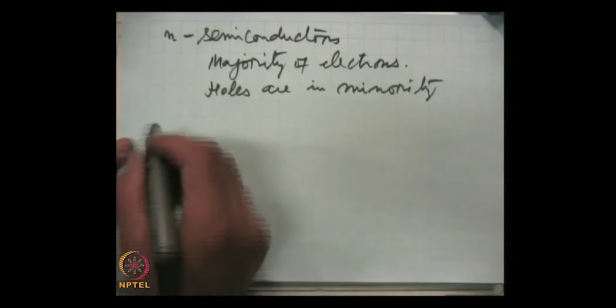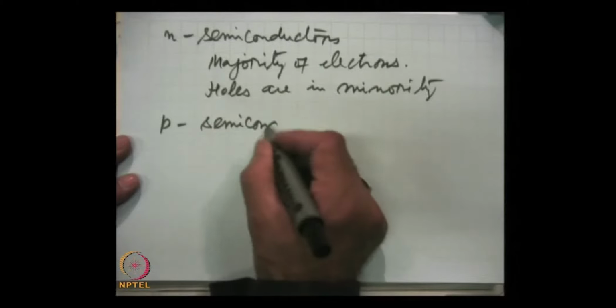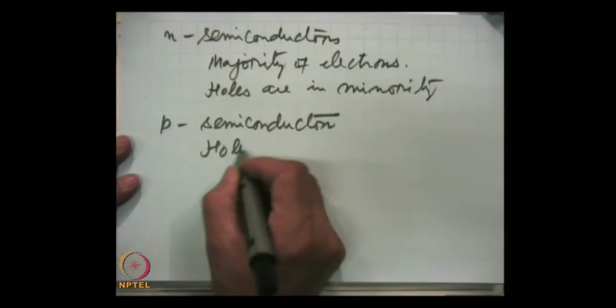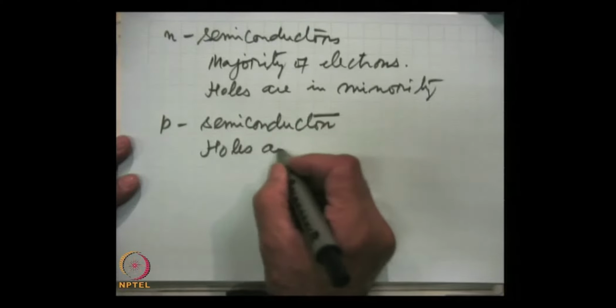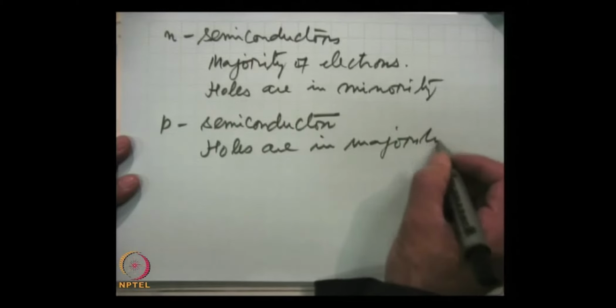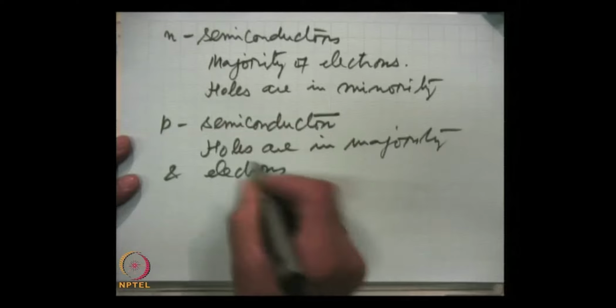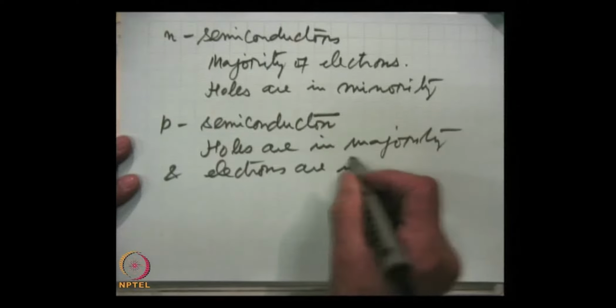And in p semiconductor, holes are in majority and electrons are in minority.